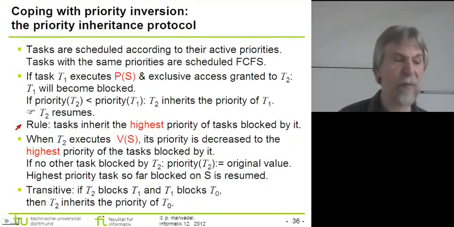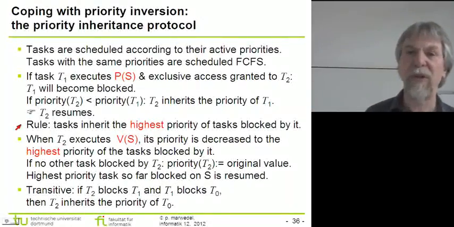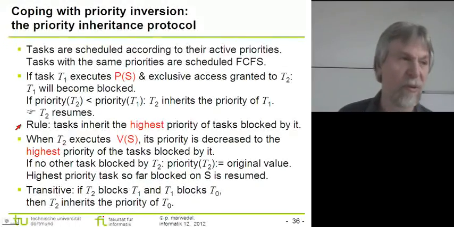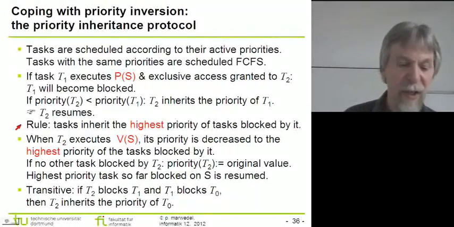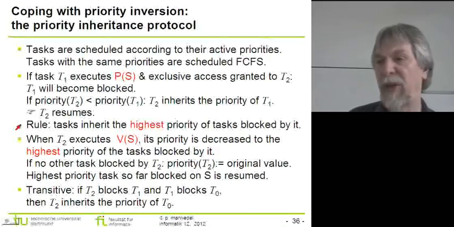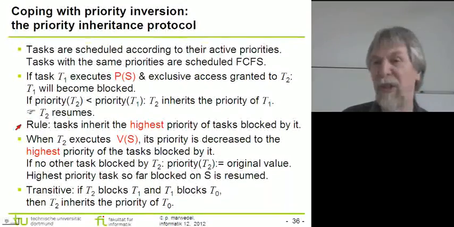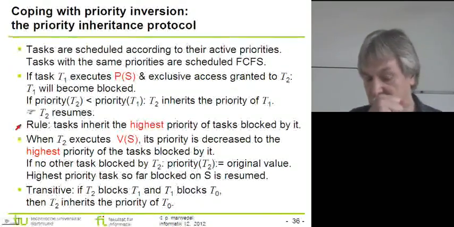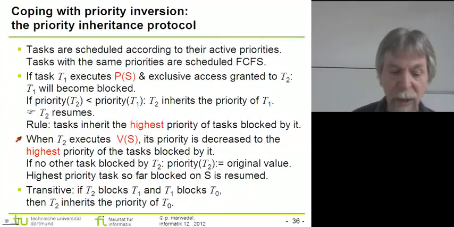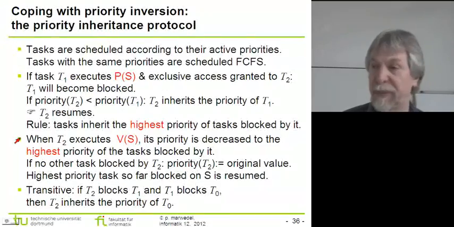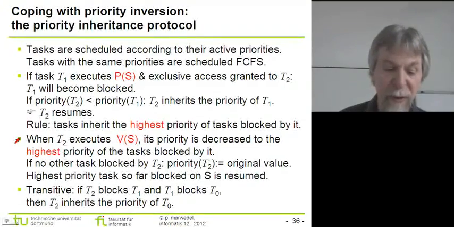So it could be that we have several accesses to such shared resources. It could happen that we have several tasks with different priorities, in such a scenario, we will always inherit the highest priority of the task blocked by it. Now this means that in certain cases we will be increasing the priority. In order to have a reasonably working system, we also must be decreasing the priority.